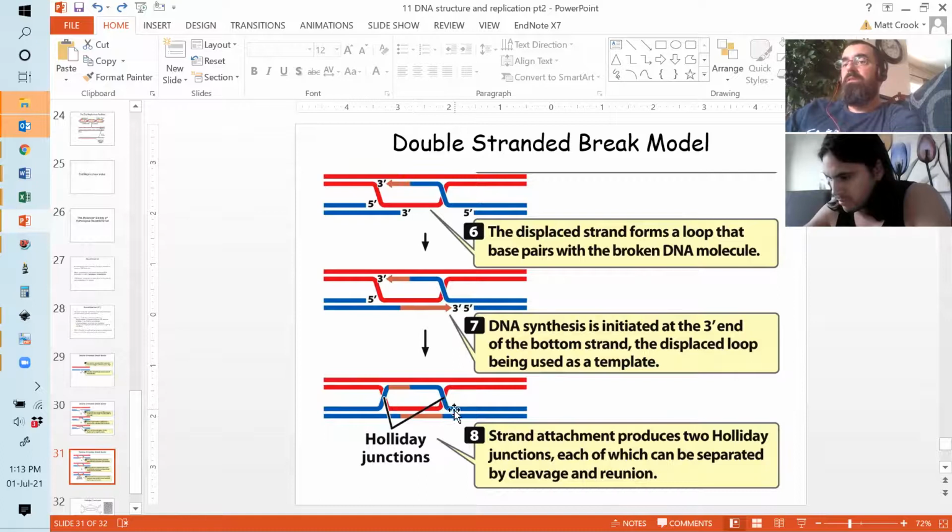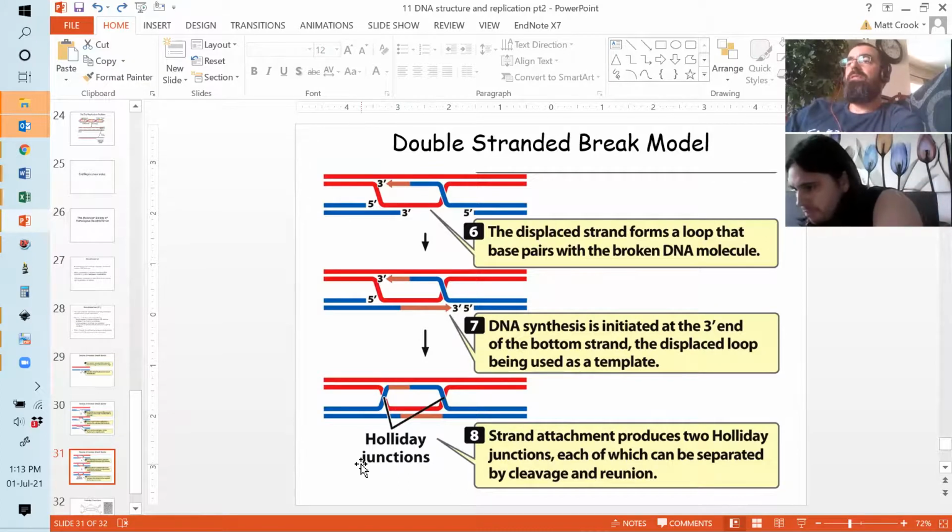Once that happens, DNA ligase comes in, sticks them together, and now we have this kind of funky hybrid, right, where we have one kind of intact normal DNA strand, essentially, and we have two bits which are shared, right?